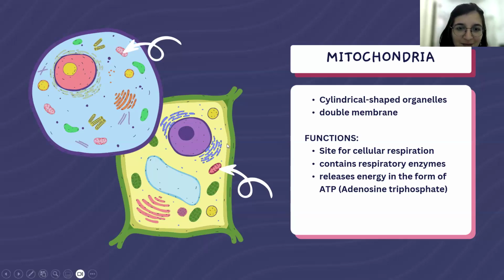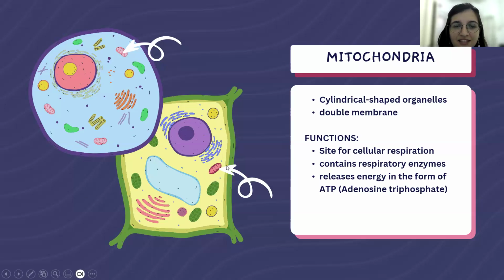It is present in both animal cells and plant cells. Again, it's a cylindrical shaped organelle, and it has a double membrane. If you see, there's a darker membrane outside, and there's another membrane inside. So it has two membranes, basically two layers. This is where cellular respiration happens, because animals gain their energy from cellular respiration, right? And the mitochondria in the cell is responsible for that energy.